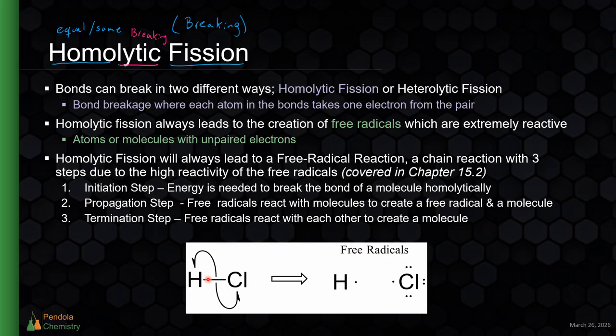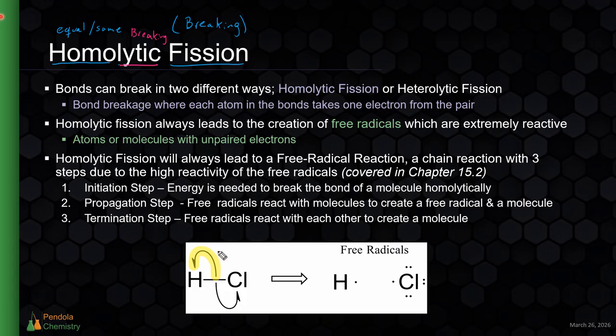Meaning that, for example, if you have HCl, if that bond is broken homolytically, 1 electron from the bond goes to the hydrogen, and again we can tell that because of that half head on the arrow.